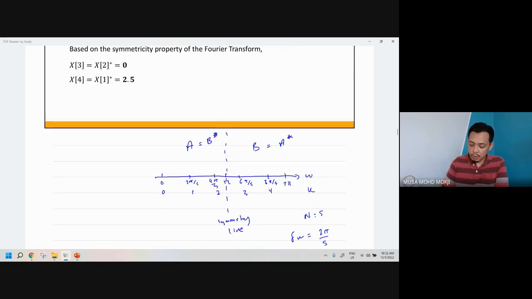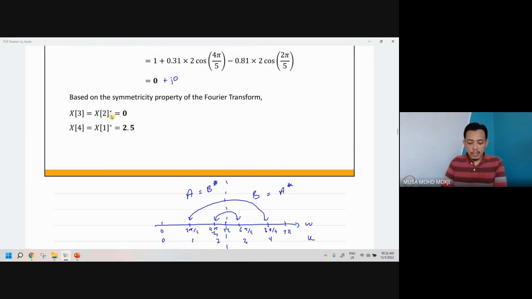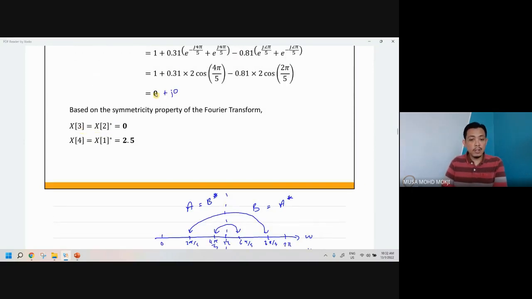This is supposed to be a conjugate pair. So x3 is a 0, because the conjugate changes the sign on the imaginary part, so it doesn't have an imaginary value here.